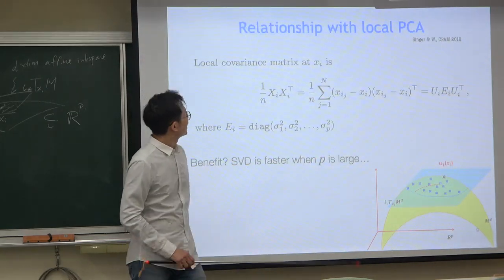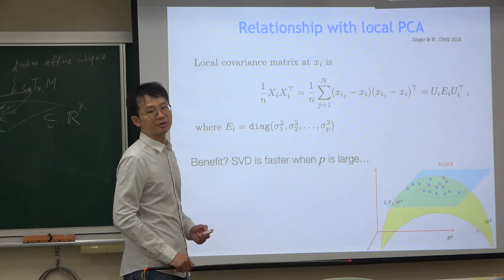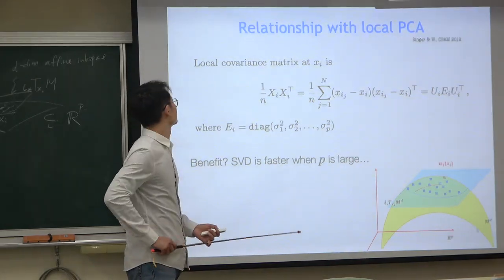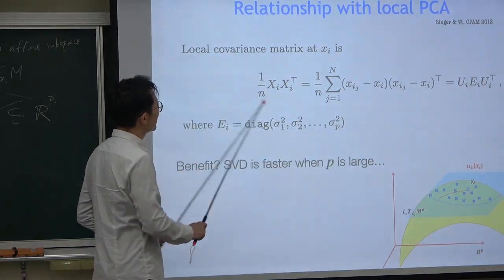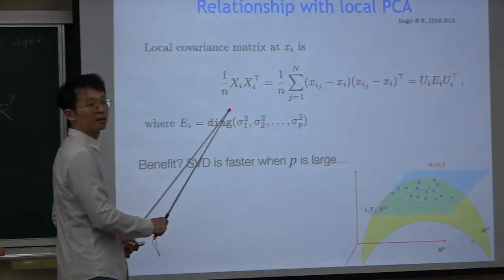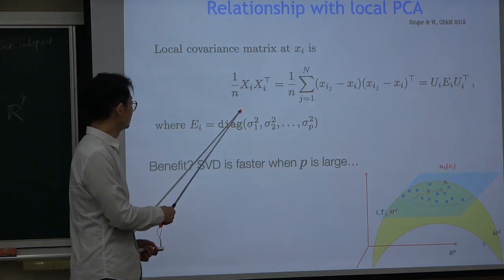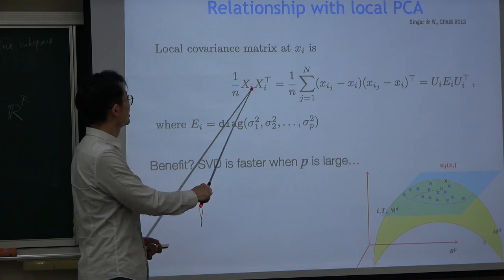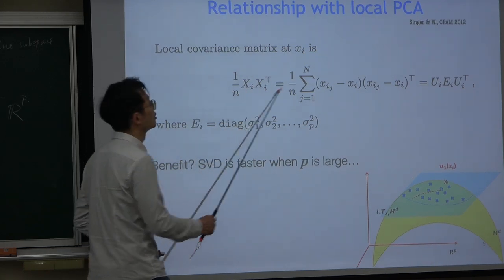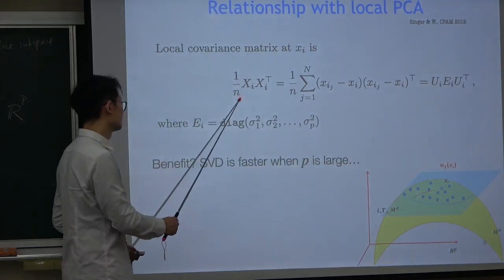And there is a very simple relationship with local PCA. For example, if you consider 1 over n, X_i X_i transpose, this is actually the local covariance matrix. This local covariance matrix is what we use in principal component analysis, or we call it local PCA because everything is local.